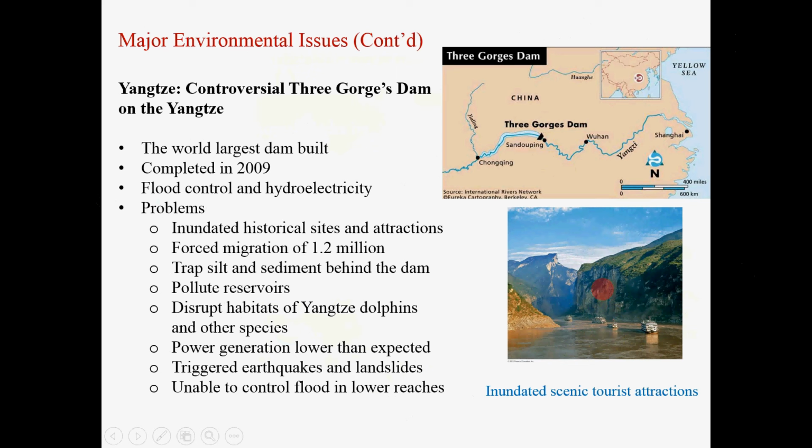But now all these places have become underwater as a result of the Three Gorges Dam. Also, millions of people were forced to relocate to find a new place to make a living, and many people have a very hard time starting over again in a new place.